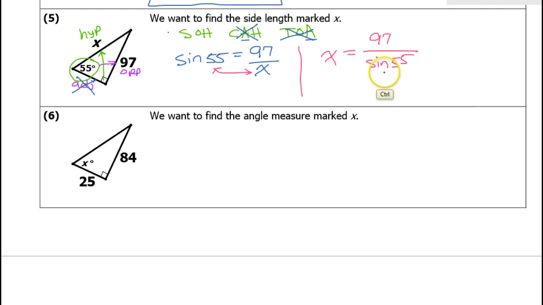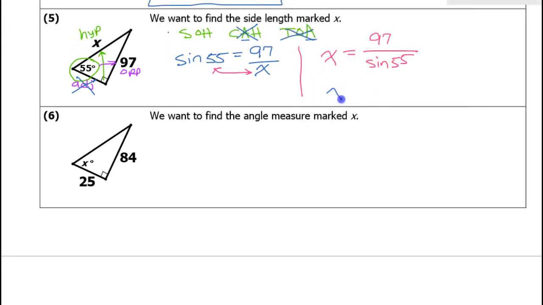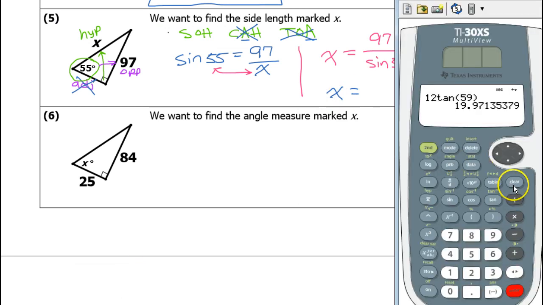And then this is what you get. But this is something that can easily be put in the calculator. So we will just go 97 over sine 55. That is 118.415.